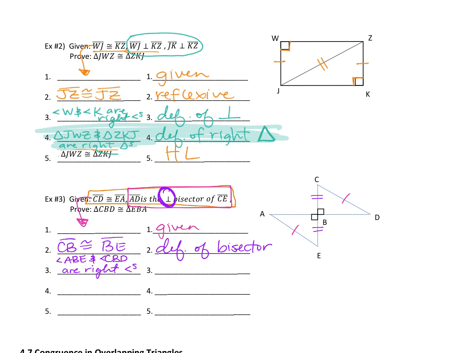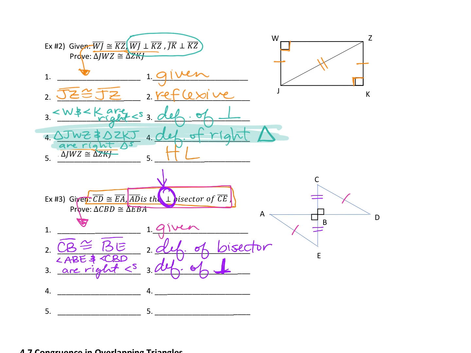How do we know they're right angles? What did they give us in the given? Perpendicular, right? They told us they're perpendicular. That is the definition of perpendicular lines.